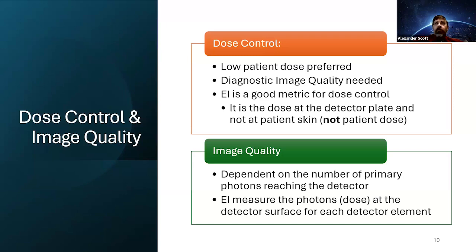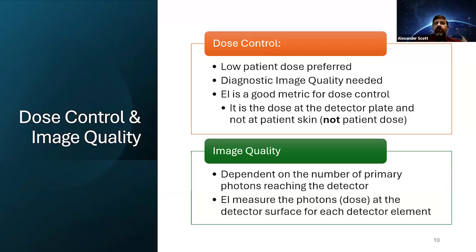And the opposing metric would be patient dose. Well, the thing is that patients come in different sizes. So a large patient is going to get a higher skin dose than a small patient, even if the same amount of signal arrives at the detector. So for a consistent program, we want to have a metric that's tied to the image quality and not one that's dependent on patient size.